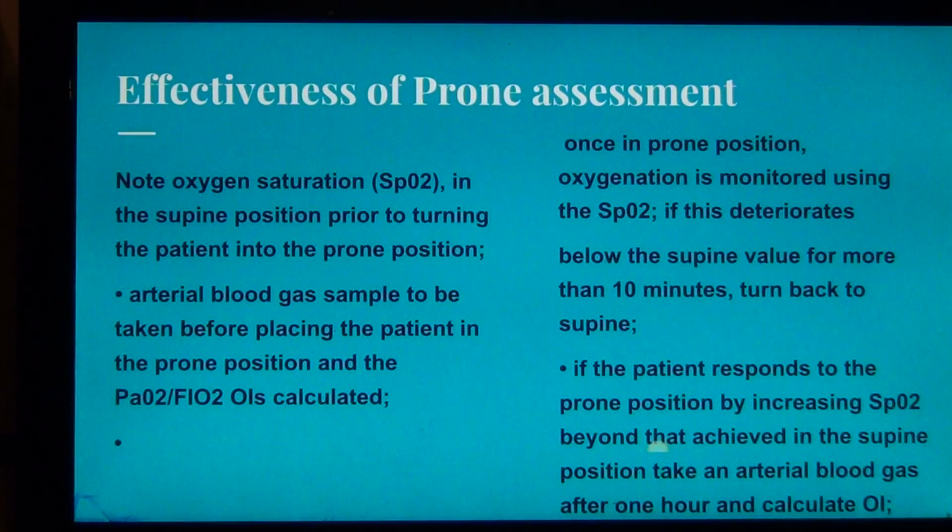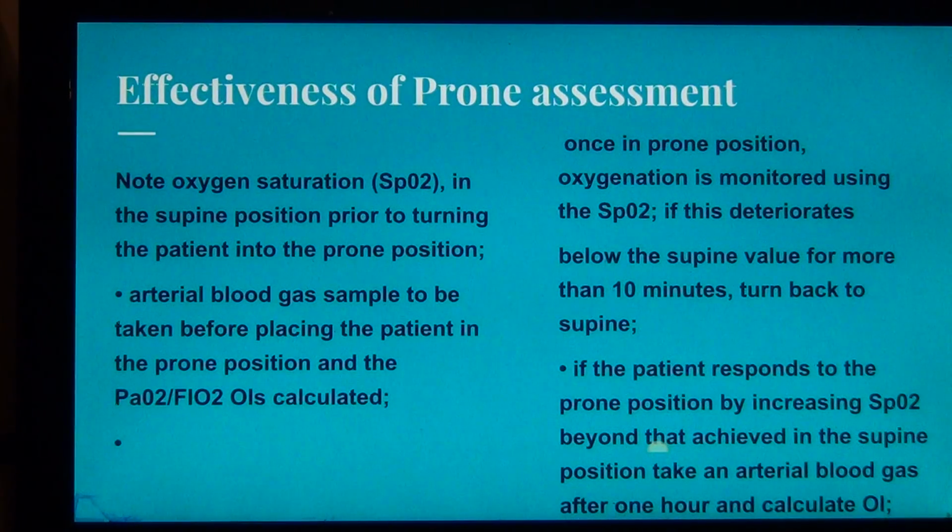Effectiveness of prone assessment. Note the oxygen saturation, SpO2, in the supine position prior to turning the patient into the prone position. Arterial blood gas samples are to be taken before placing the patient in the prone position, and the PaO2 to the FiO2 calculated, which is the oxygen index calculation.